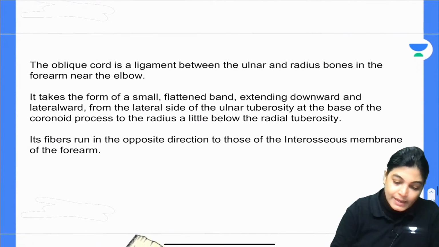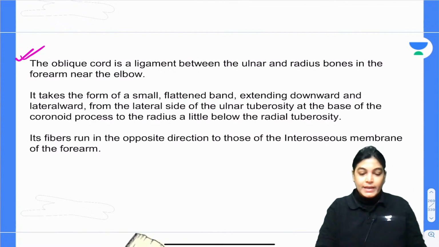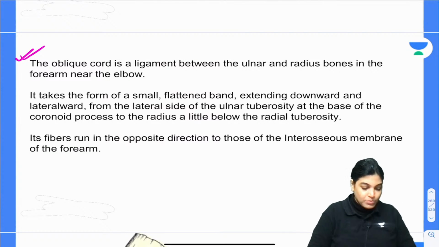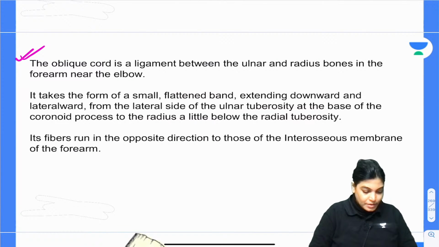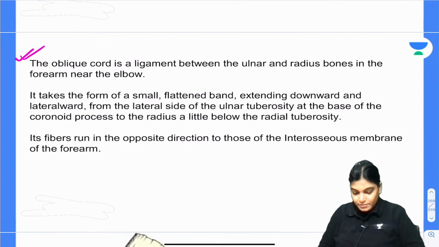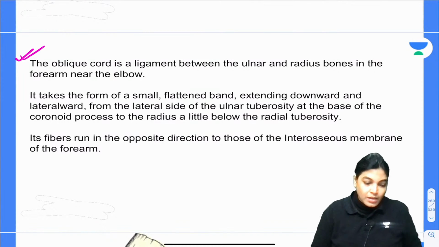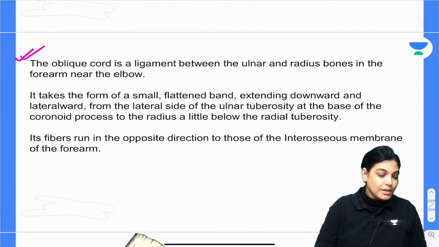Oblique cord is a ligament between ulna and radius bone in the forearm near the elbow.